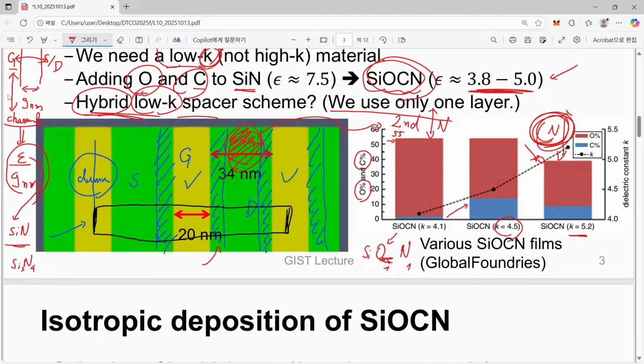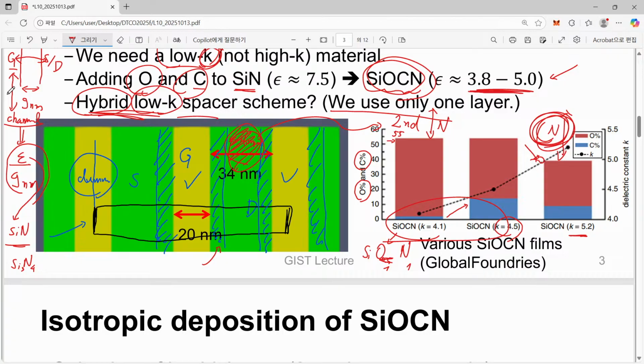So we must have a certain compromise, and this hybrid scheme is a good way to get both benefits: reducing capacitance, using most of this layer made of relatively low-kappa material, and the outer shell of this material is covered by a more rigid component.